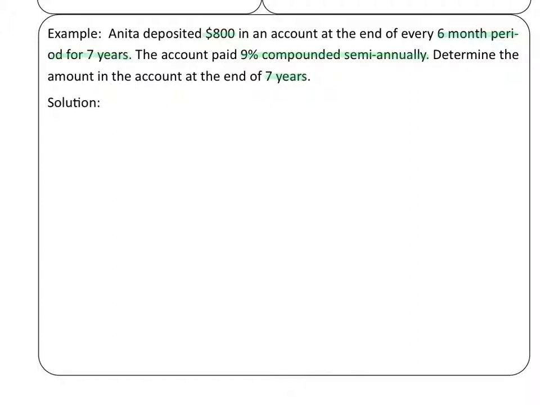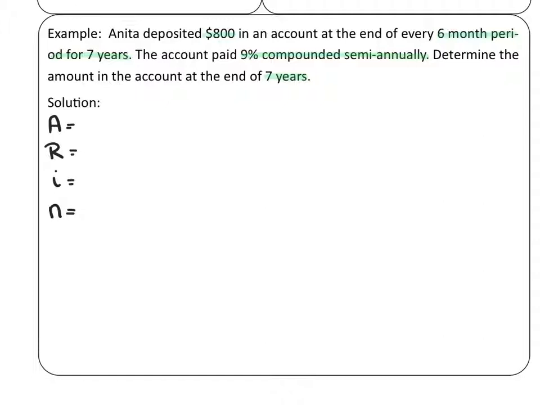So what I like to do with this, when I start to solve it, is make a little list of A, R, I, and n. And I try to figure out what those all are first before I sub into the formula and start to use it, mostly because I have to calculate I and n first.